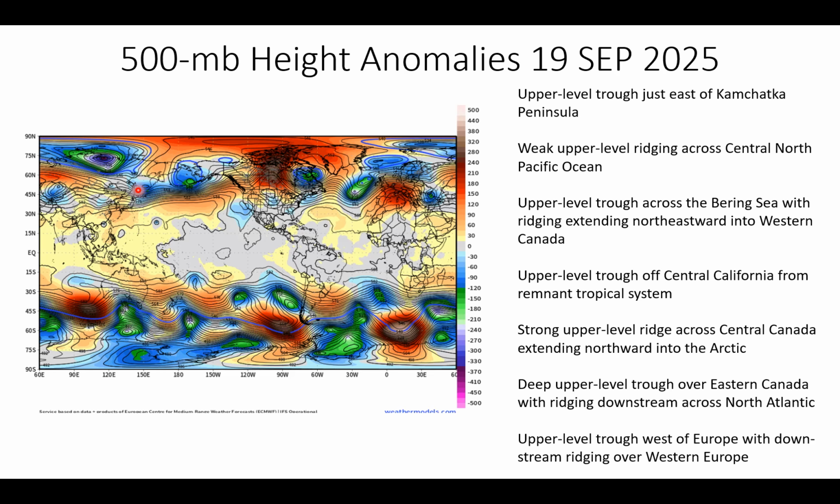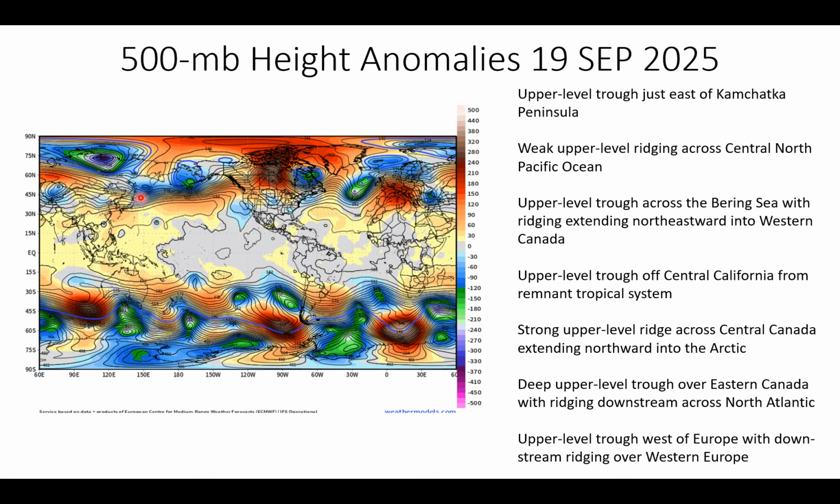And so let's go ahead and take a look at the major features that we see currently across the northern hemisphere. Across northern Siberia, we have a very deep closed upper level low in the purple colors here in the upper left-hand portion of the diagram. As we work our way now from west to east, there's an upper level trough, generally located just east of the Kamchatka Peninsula there across the Northwest Pacific.